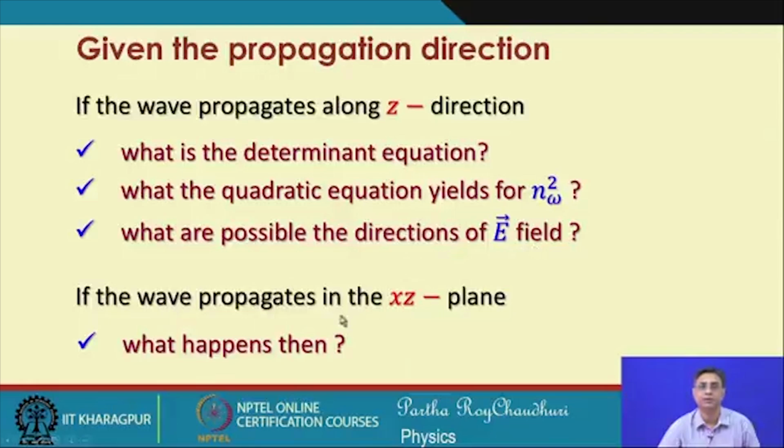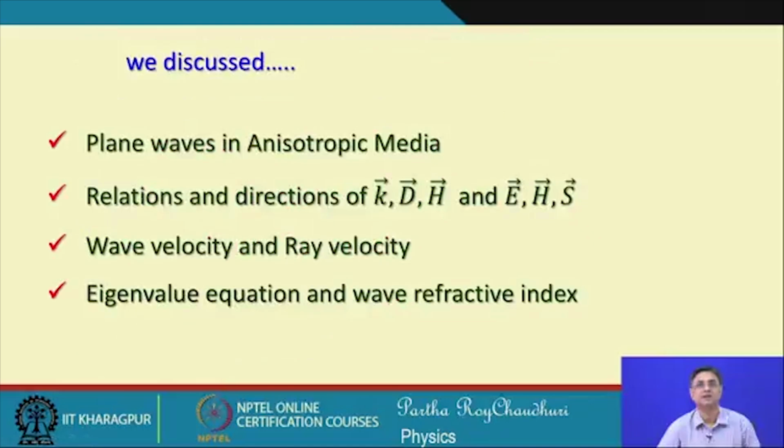If the wave propagates in the xz plane, then also we can do the same operation, because this is a situation which is different from the simple case of the wave propagating along z direction. So, when we analyze this situation that the wave is propagating along the xz plane or yz plane or zx plane, then what happens? We will try to study these properties in the next section.